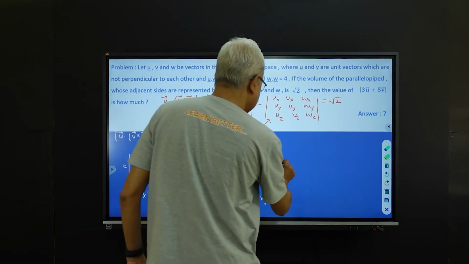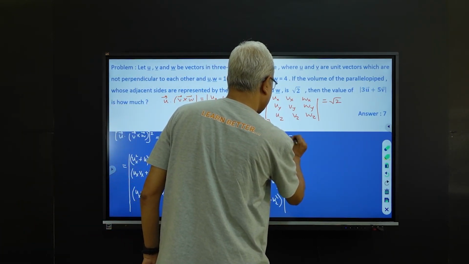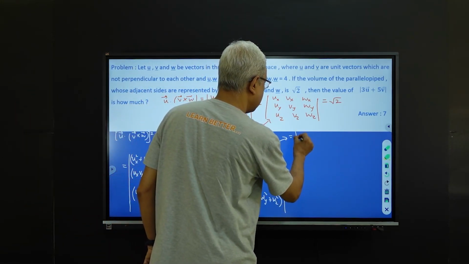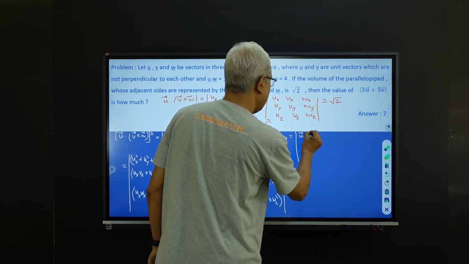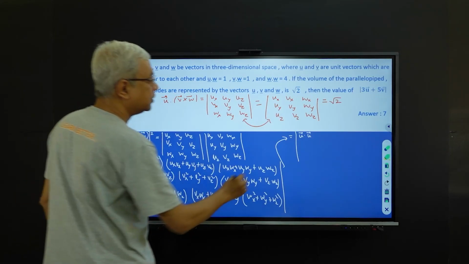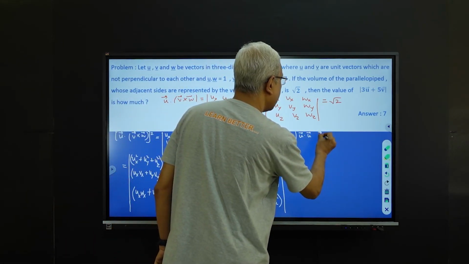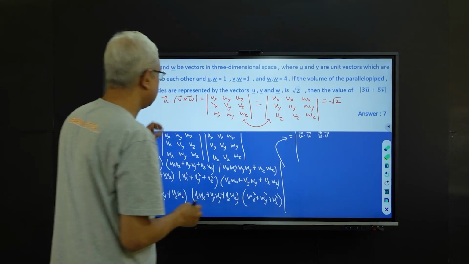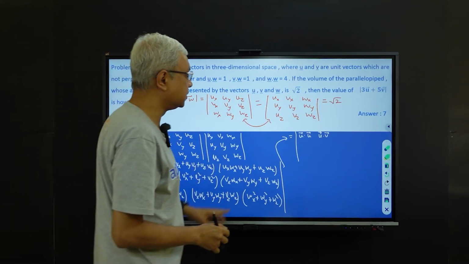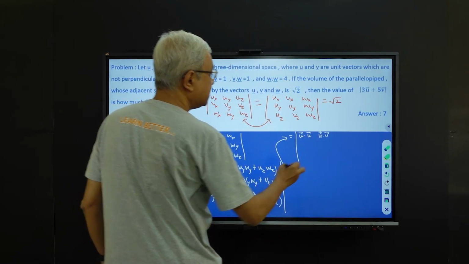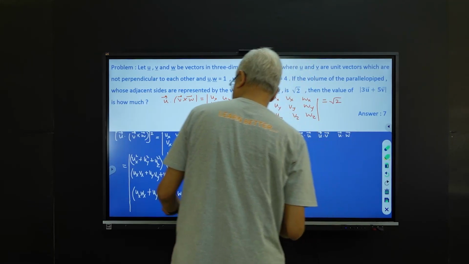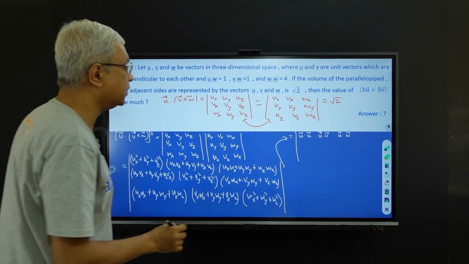So what is this? The first row, first column element is U dot U. Then it is U dot V, because this is Ux Vx plus Uy Vy plus Uz Vz. And here it is U dot W. And then this element is U dot V again.